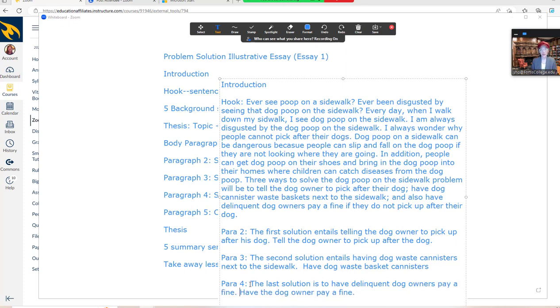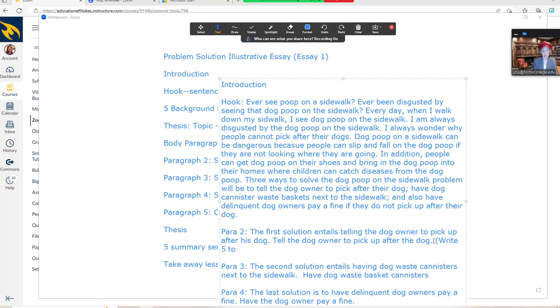All right, so these are the three solutions. And so here you would write 5 to 7 sentences about how you would tell the dog owner to pick up after the dog.